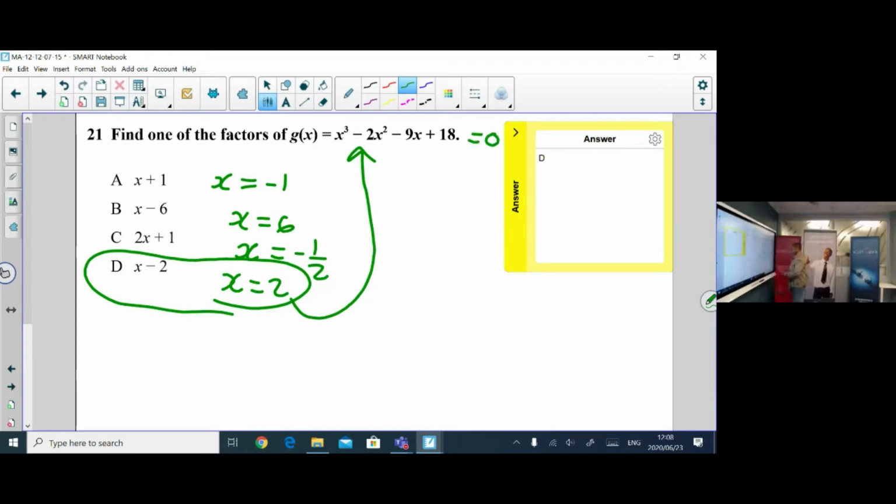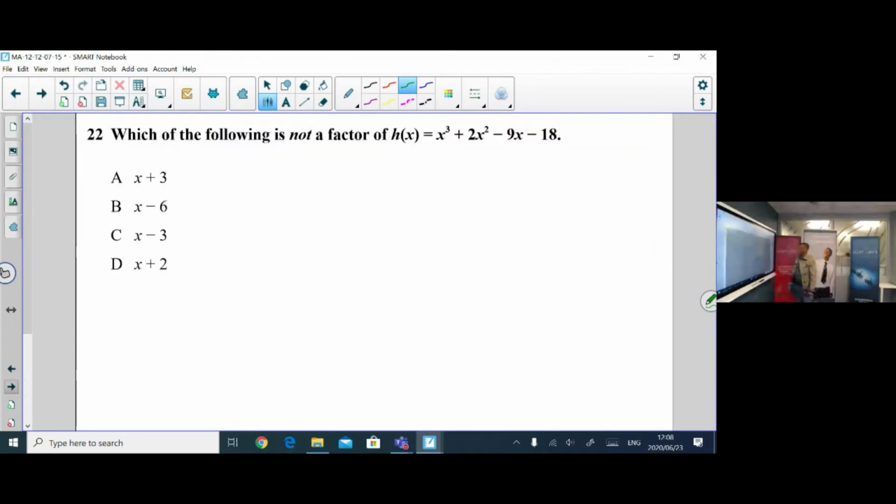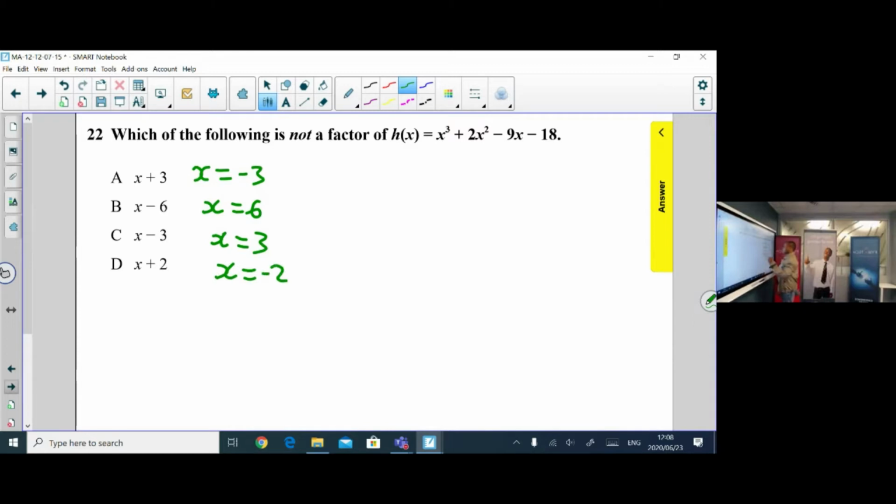So we talked about all that, and we also had a question that I posed to you, which one is not a factor. Again, you just do x equals -3, x equals 6, x equals 3, x equals -2.